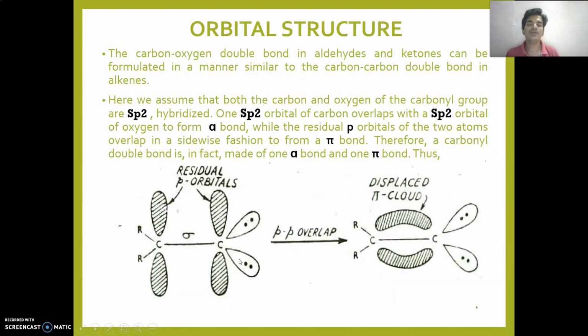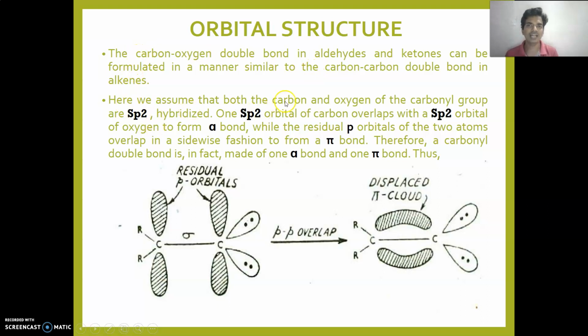The next, orbital structure. It is a very simple orbital structure, the same as that of your alkene, C double bond C. So the carbon-oxygen double bond in aldehydes and ketones can be formulated in a similar manner to that of the carbon-carbon double bond in alkenes.